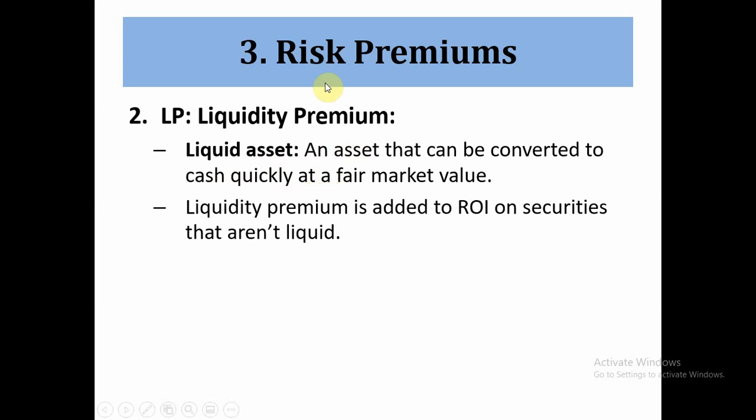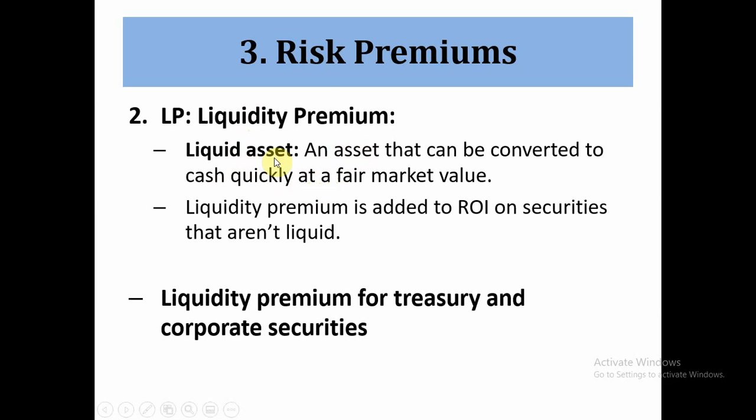So you also consider this premium as well, because T-bills, treasury securities are very liquid, because these securities are issued by the central banks of the country, and these are easily tradable and saleable in the market. So their liquidity premium will always be almost equal to zero.